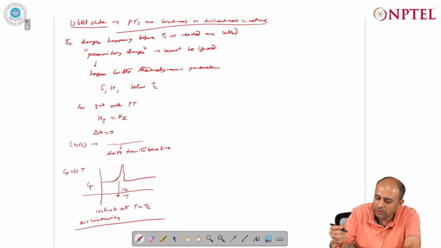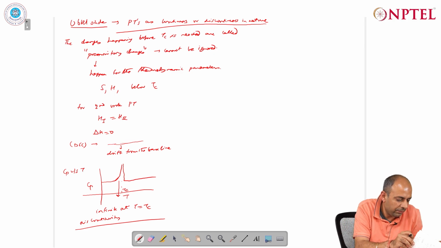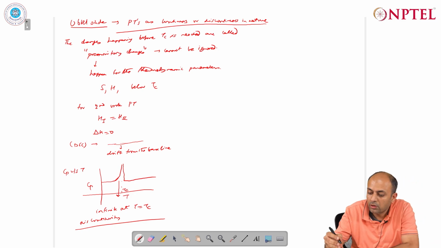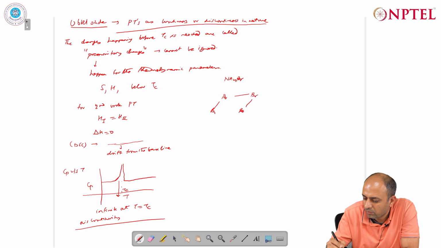And we can look at this order disorder phase transition with respect to one particular example I would like to mention, that is ammonium bromide, the structure of ammonium bromide.